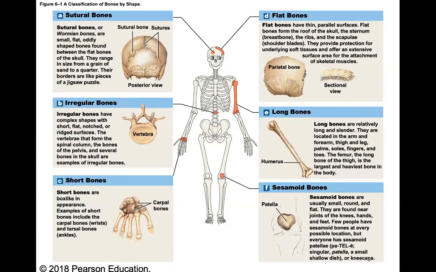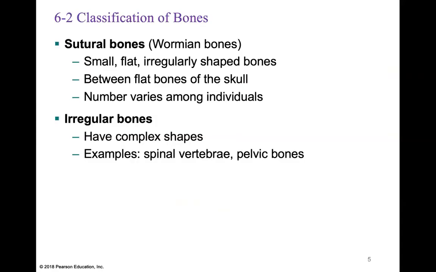We'll see these in the cranium. You have several flat bones that actually encase what we refer to as the cranium there. Long bones, this one's pretty self-explanatory. They're just long. And then you have a sesamoid bone, which is sort of a rounded structure. Okay, the patella would be an example of that. So, they're sort of defined here.